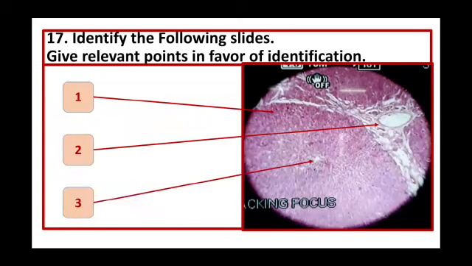Yes, next, coming to slide number 17. Try to identify the slide and give points in favor of identification.